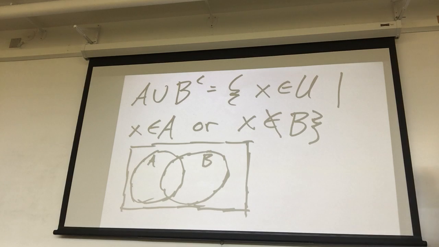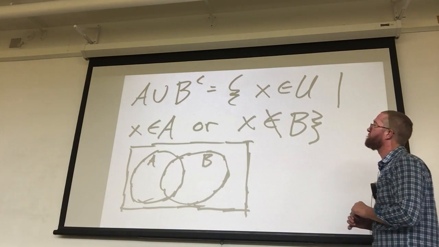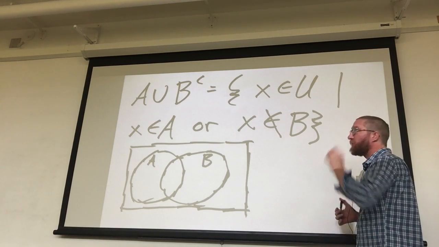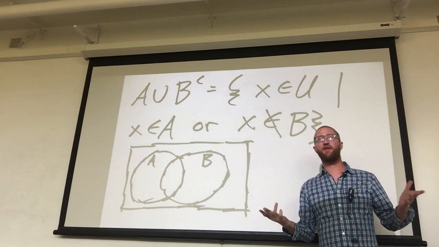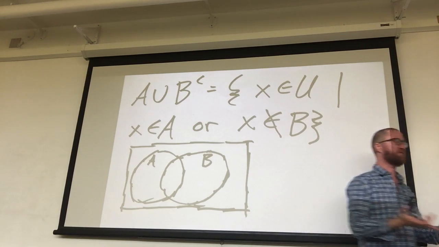So A union the complement of B. Well, let's consider the options that we have on this. All right, so X can exist within A. Well, that's our first one.